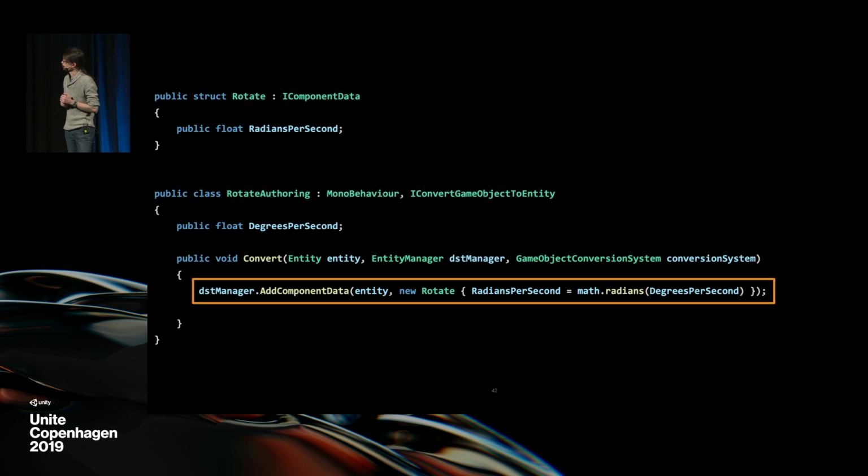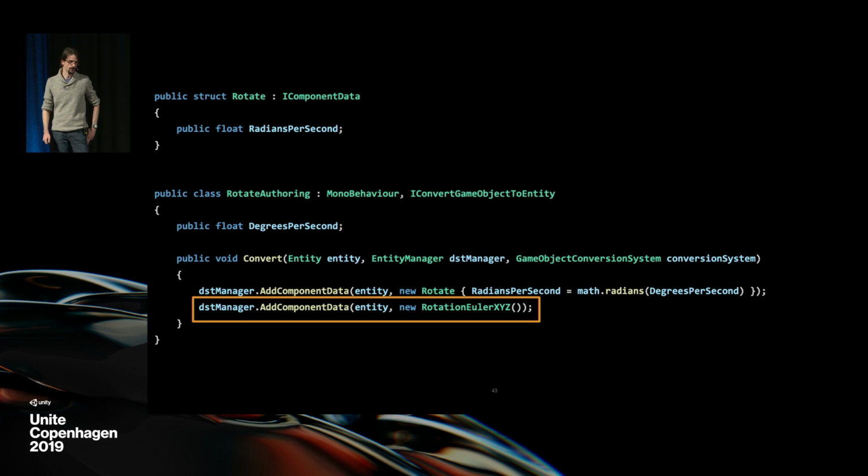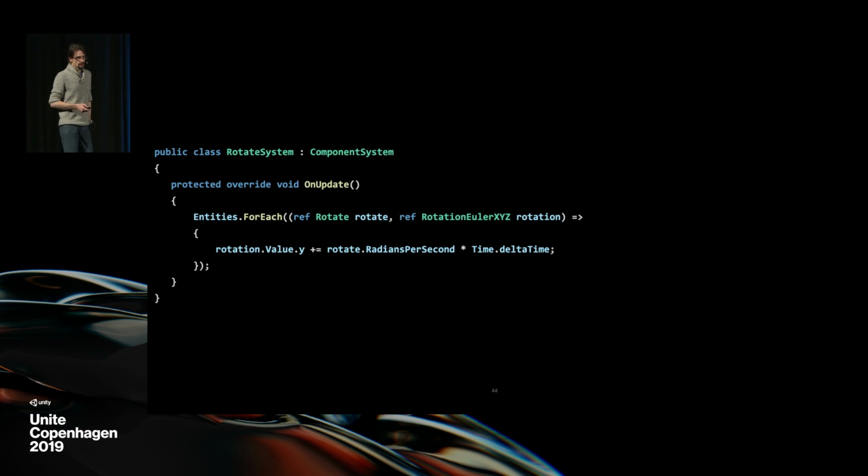And now we can add our 2 components. The first one, the rotate component, which is the one at the top of the slide, where I'm doing the conversion of my angle into radians. And finally, this rotation Euler XYZ. To wrap up this example, the system itself is also pretty simple.